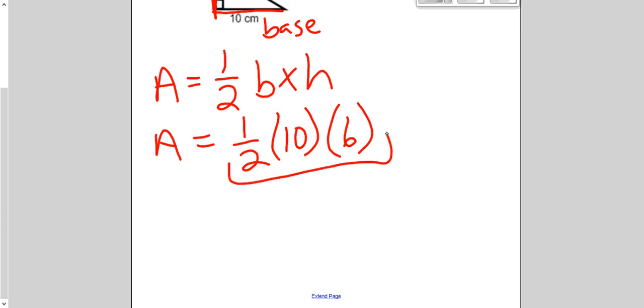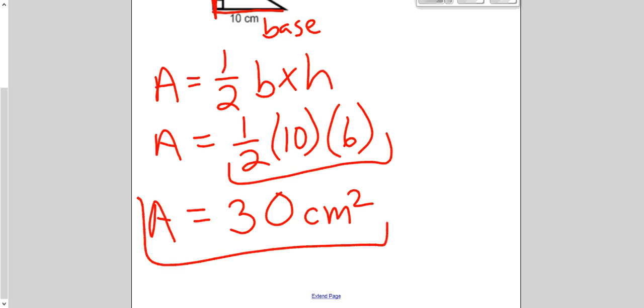You could plug this all into your calculator if you wanted to. When you do that, you get 30 centimeters squared. So I'll put my answer in a box. The area of that triangle is 30 centimeters squared.